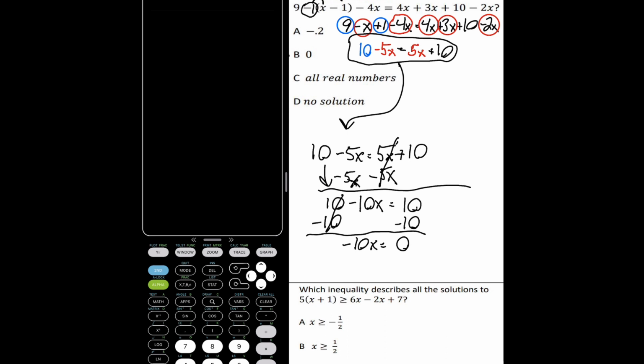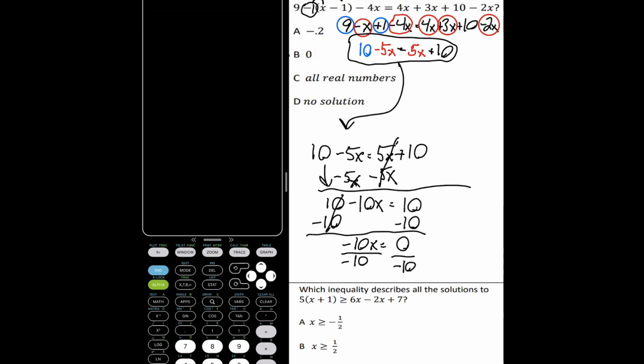I want to know what 1x equals, so I have to divide. Right? I have to do the opposite operation. The negative 10 and the x are being multiplied together, so I'm doing the opposite operation, which is division. So I'm dividing by negative 10. What I do on one side of the equal sign, I do to the other, divide by negative 10.